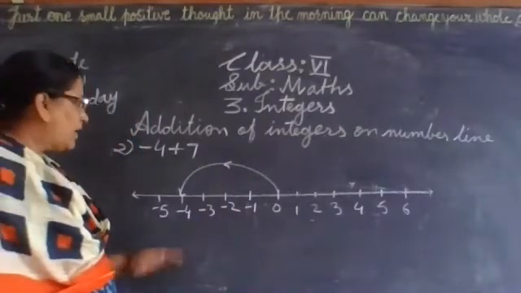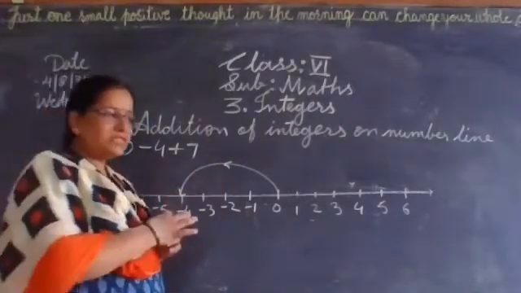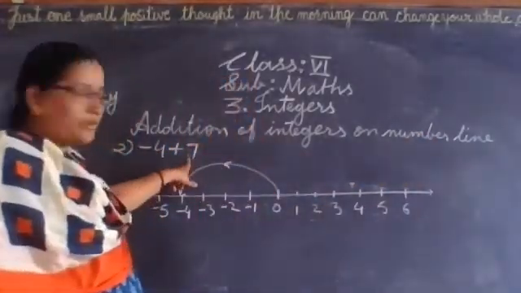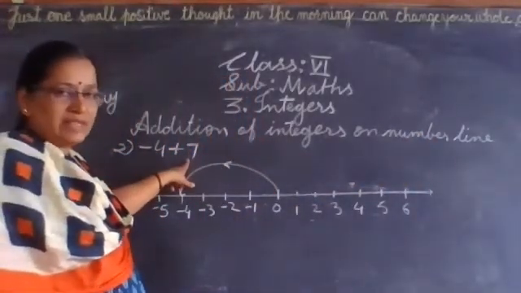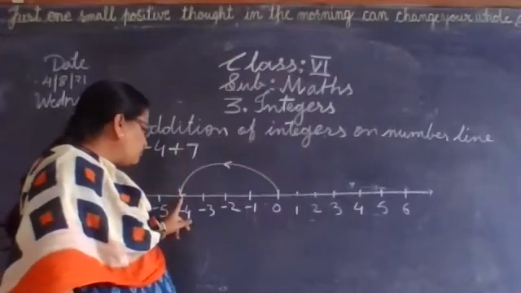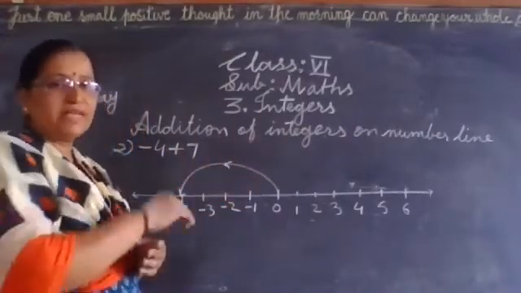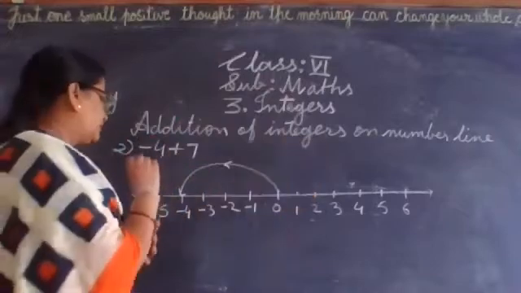Okay. Now plus 7. Plus means you have to move right side. So right side, how many places do you have to move? 7. So from -4, you have to jump 7 places towards the right side.